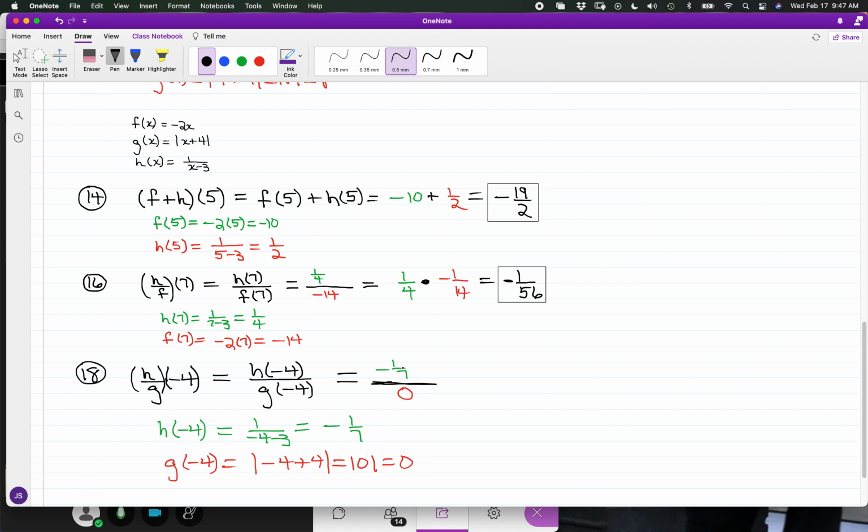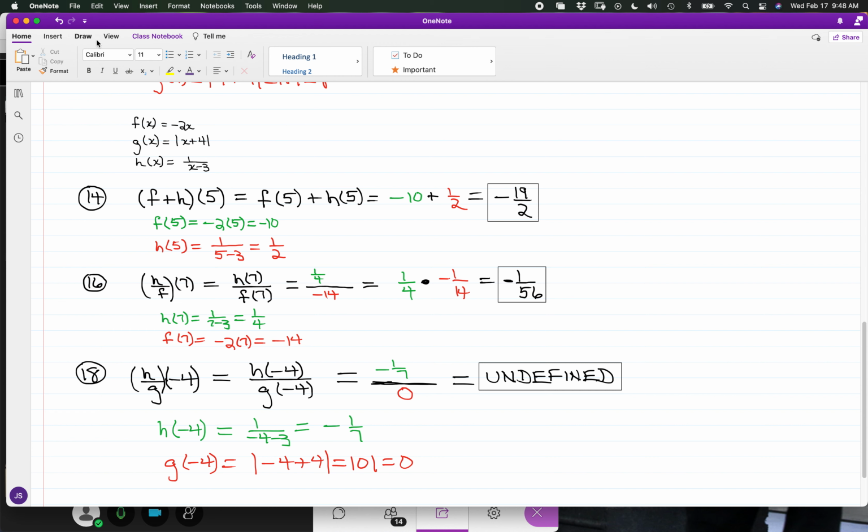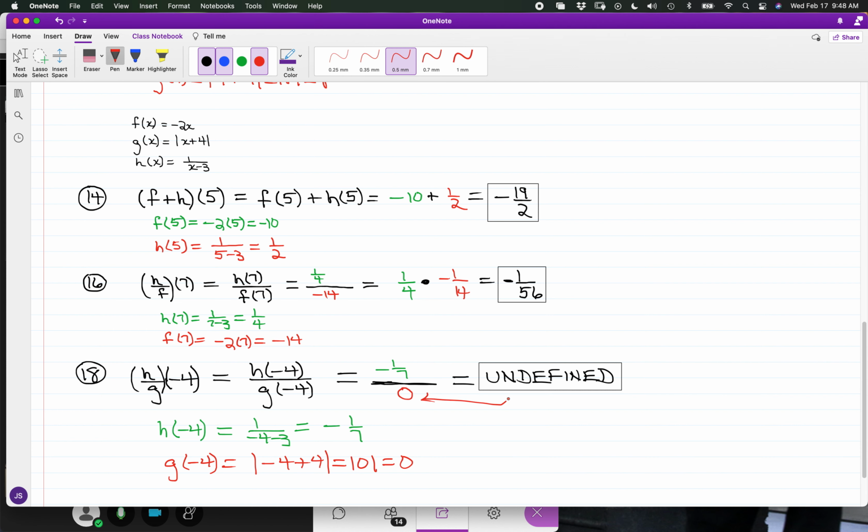And guess what? We have in this ratio, the bottom value is 0. So for h over g of -4 turns out to be undefined. And again, the reason for this is that you cannot divide by 0.